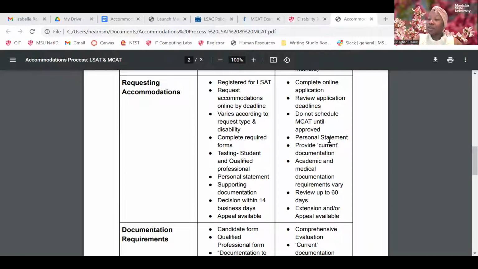There may be a personal statement in which you're analyzing how the challenges with that diagnosis impact and support your need for testing accommodations. And any supporting documentation.